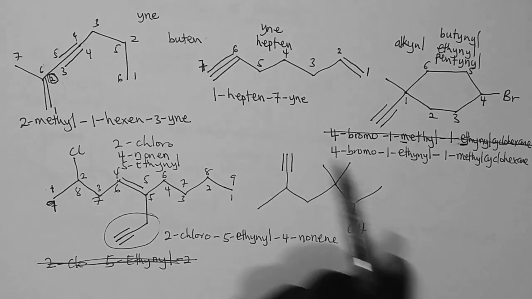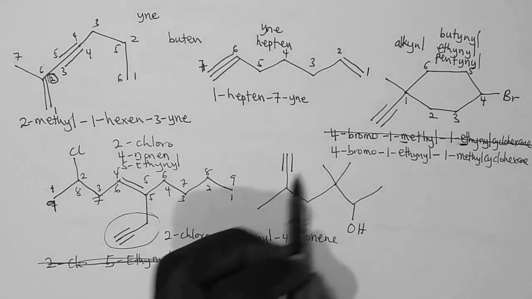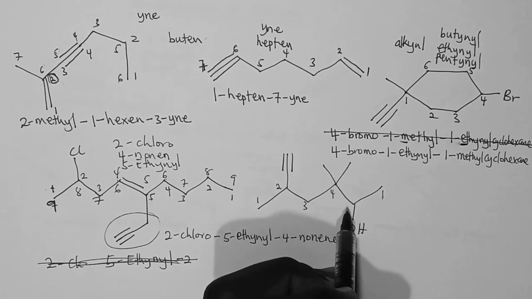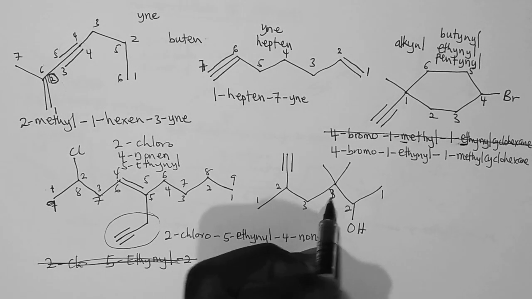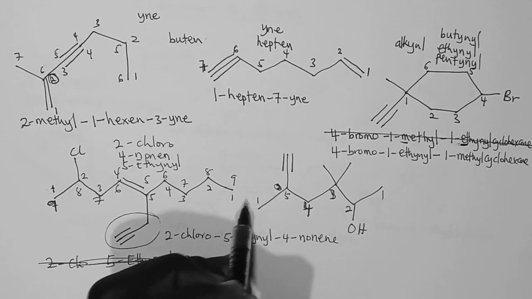Now let's name this last one. And you can see that this is an alcohol. When you have an alkyne and you have an alcohol on a straight chain, precedence is given to the alcohol. So the alkyne becomes a substituent, so ethynyl. So it becomes number 1, number 2, number 3, number 4, 5, and then 6.